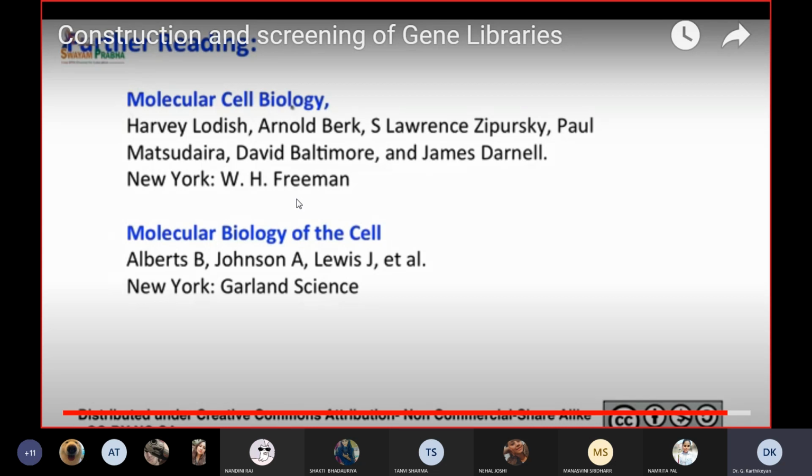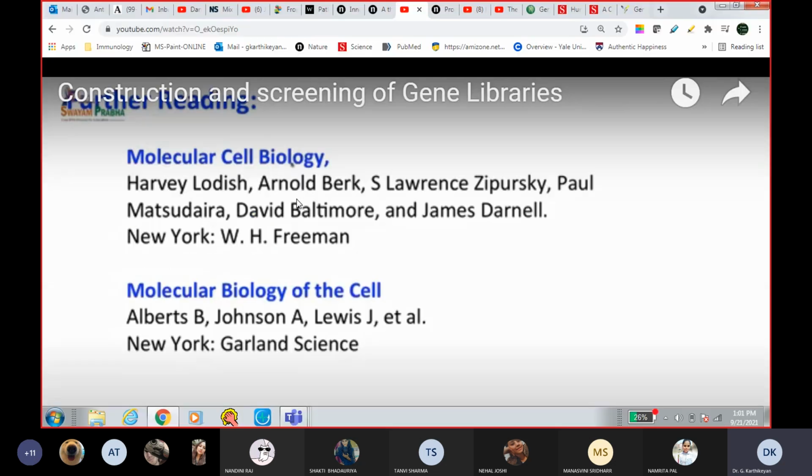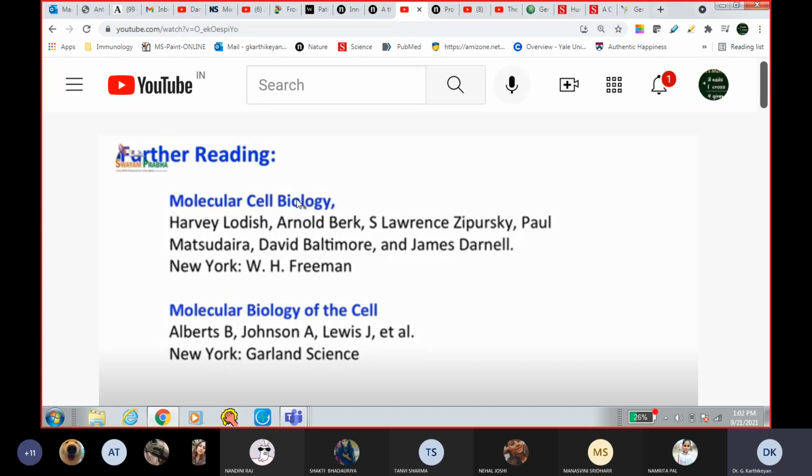People nowadays have the ability to sequence anything and everything with today's technology. So people would much rather sequence the entire genome.